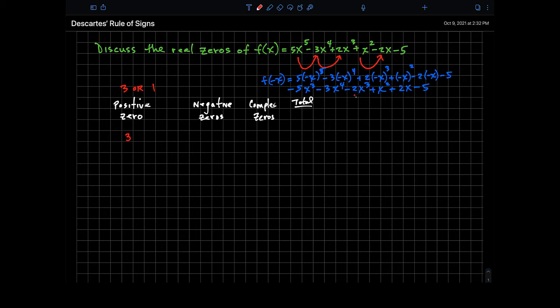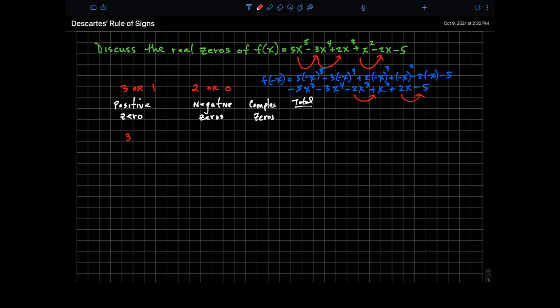But there is one here, and then the next one is here. So there are 2 sign changes that occur. It can be either 2 or the next even integer less than 2, which would be 0. So it can either be 2 or 0.